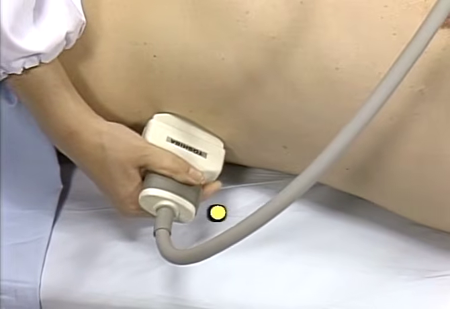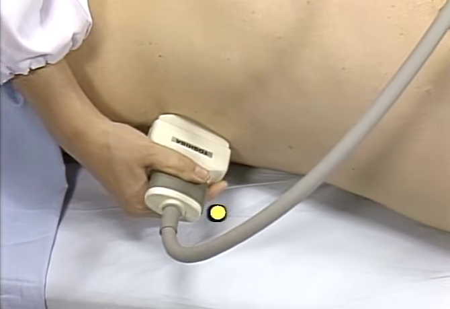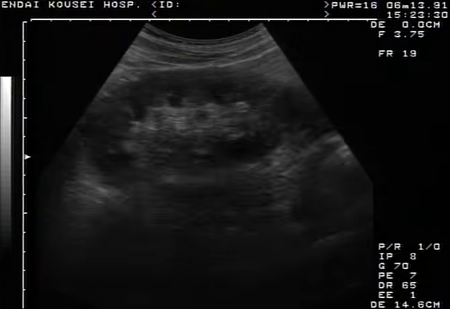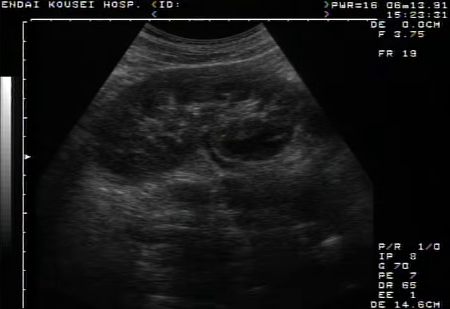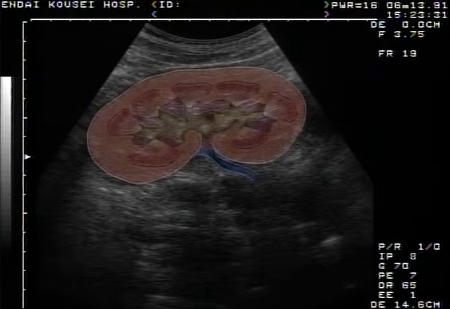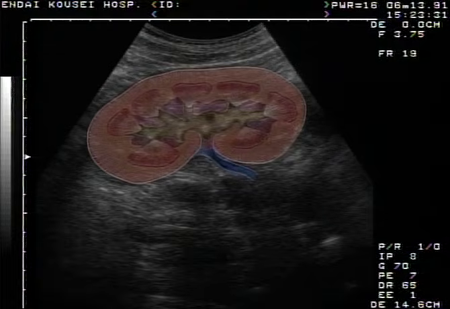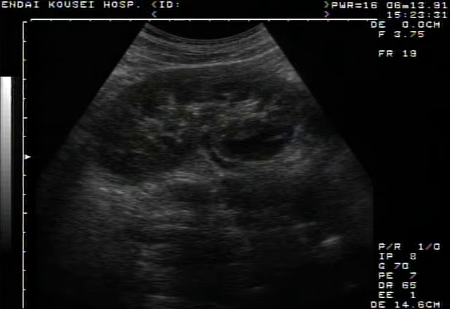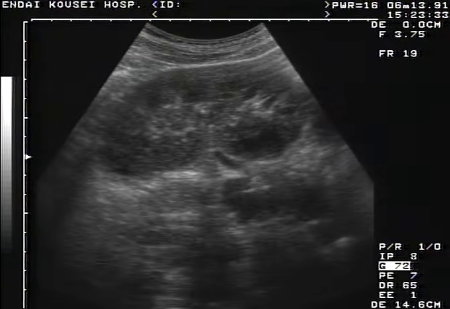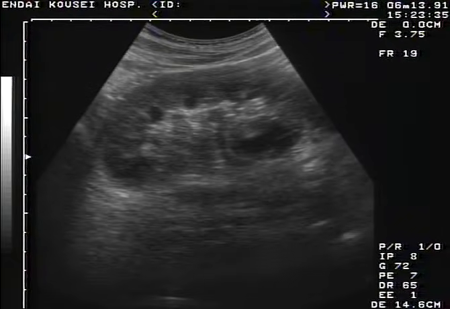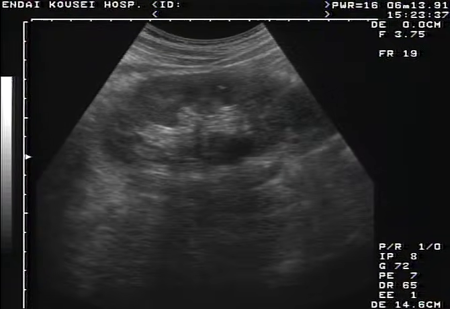How about the plane located one rib beneath, towards the toes? The left kidney comes into view. The left kidney has an elliptical or broad bean shape. Generally, the parenchyma returns a low echo and the center returns a high echo. Observe the images carefully to see if the kidney's location, size, and shape are normal.